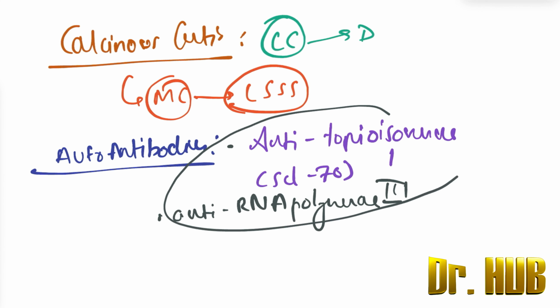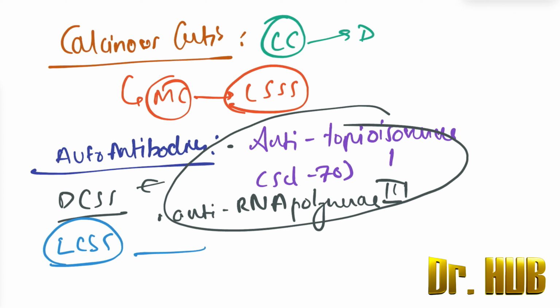This is all with respect to the diffuse cutaneous systemic sclerosis. In terms of the limited cutaneous systemic sclerosis, it includes the anti-centromere.